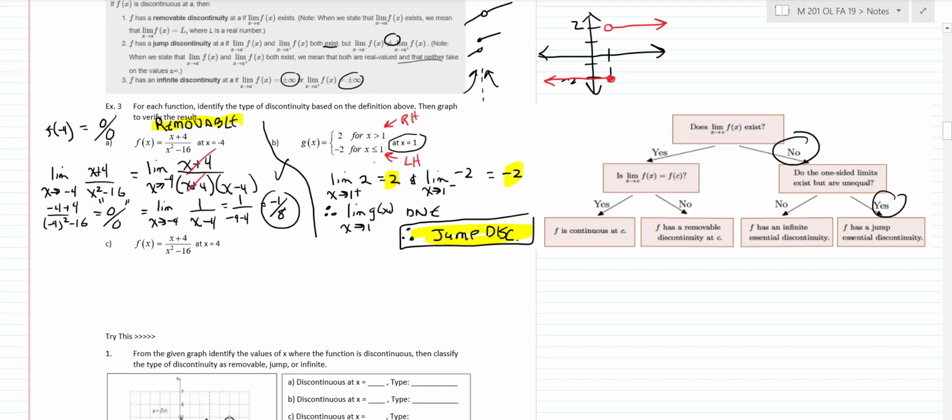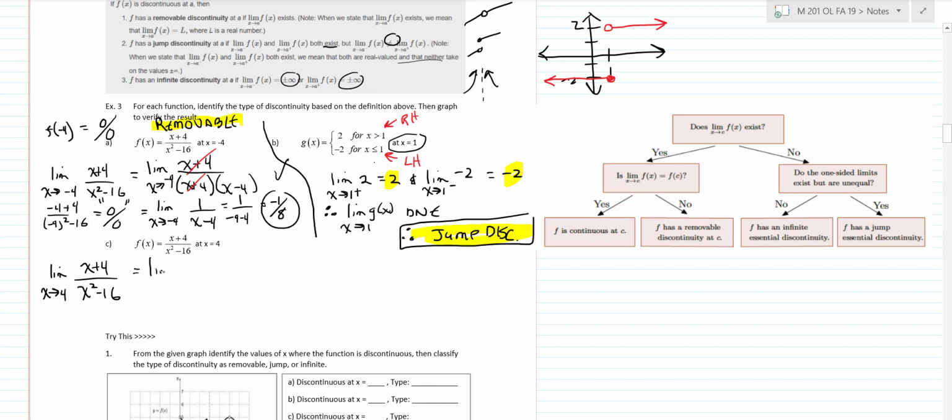So I like this flow chart. This is a good way to summarize these definitions up here. Okay, so we'll go down to this one. Step one is always just, does the limit exist? So this one we're going to do the limit as x goes to 4 of x plus 4 over x squared minus 16. Let's factor and see what happens.